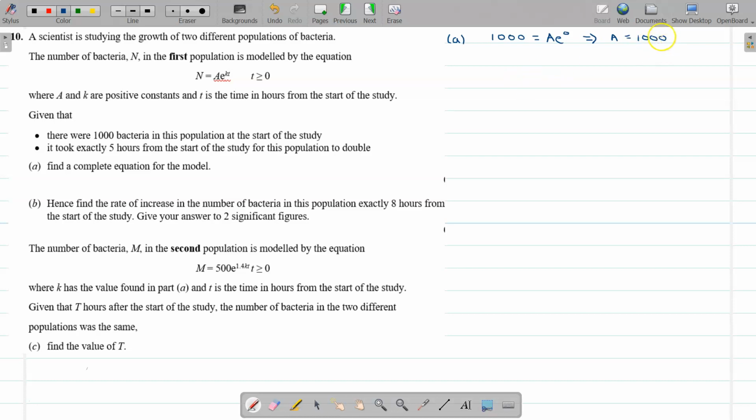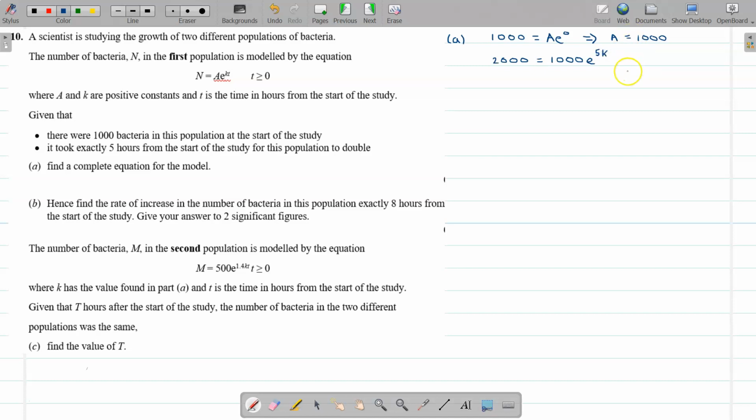We know that after 5 hours, there are double the number of bacteria. So there are 2,000, and that must be equal to a, which we now know to be 1,000, times e to the power of 5k.